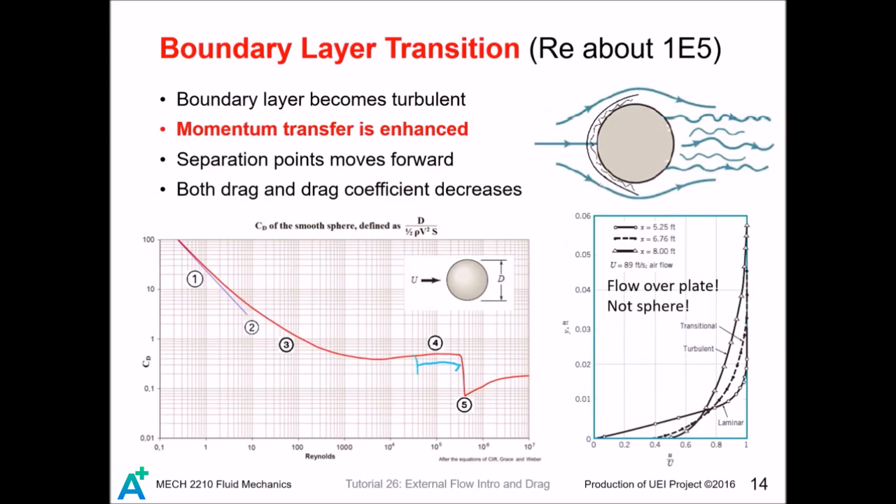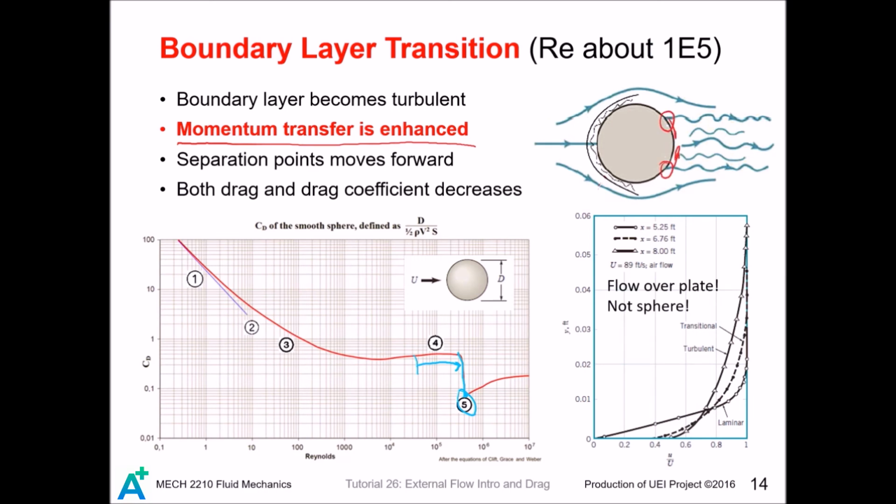And if we further increase the Reynolds number, we see that there is a sudden drop at this point, and there are a few applications using this fact. At this point, the boundary layer suddenly becomes turbulent. In turbulent flow, the momentum transfer is really effective, so that more particles stick to the surface of the sphere, and the separation point moves forward like this.